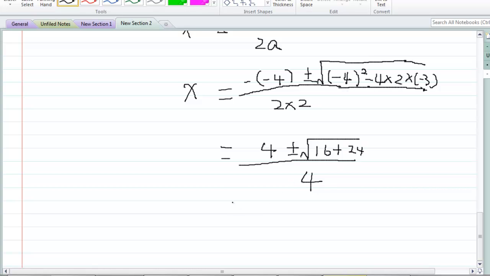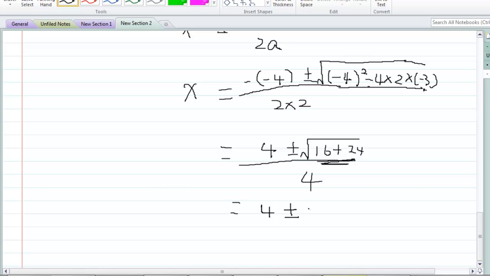If we simplify a bit more, it comes out to be 40 right here, 16 plus 24, and then you take the square root. You have a 2 factored out, and then 4 plus or minus.